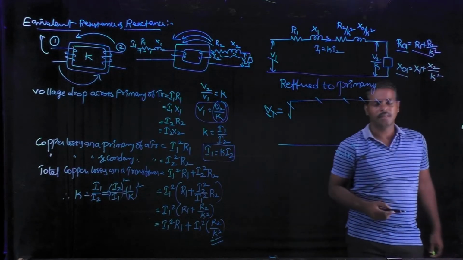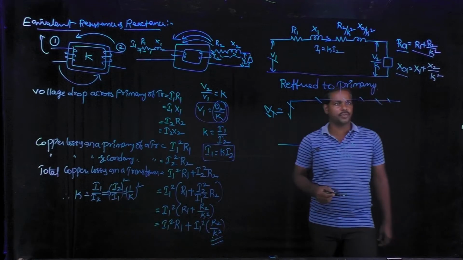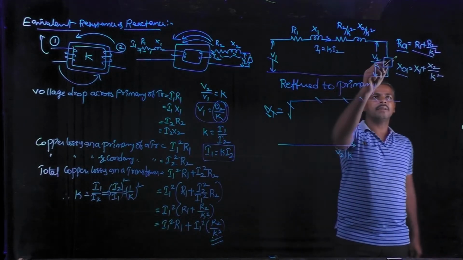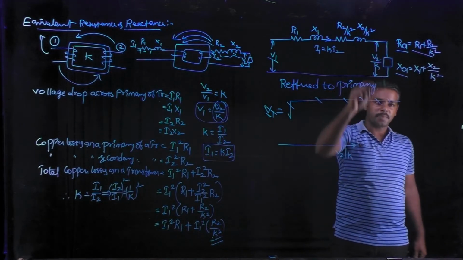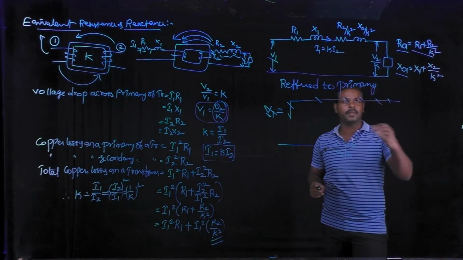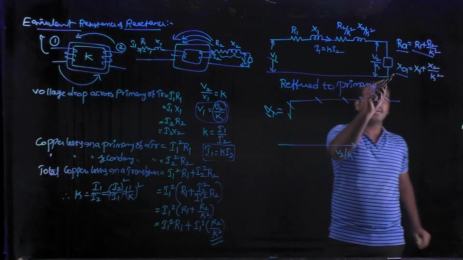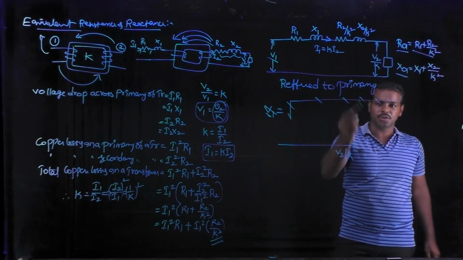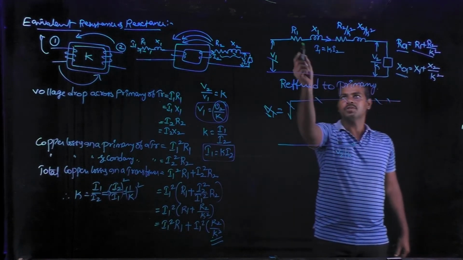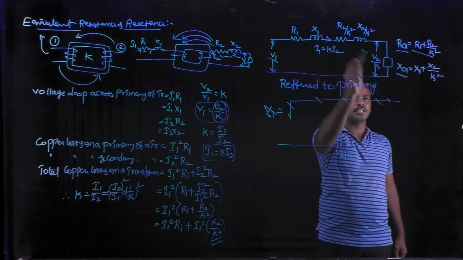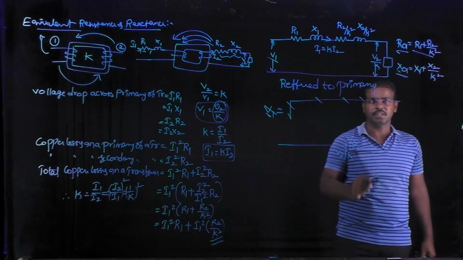So this is the R01 and X01. R01 is the equivalent resistance of a transformer referred to primary side, and X01 is the equivalent reactance of a transformer referred to primary side. So the total resistance and reactance are to be replaced with R01 and X01.